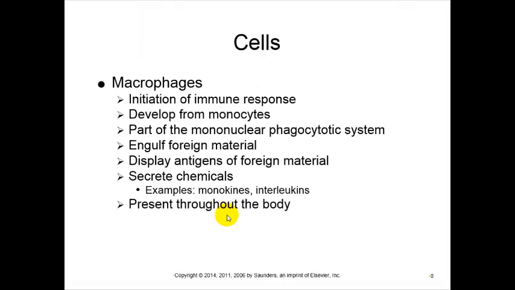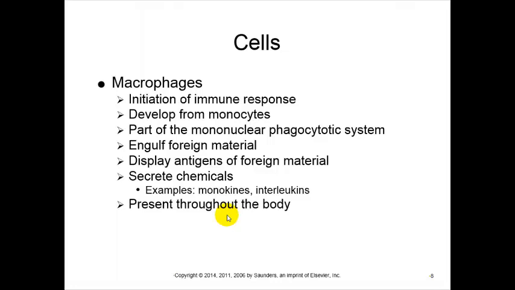Now, some of the cells of our immune system. One of the big ones are macrophages, and macrophages do phagocytosis. Macrophages are a very innate, very non-specific immune responder, and they initiate the immune response.